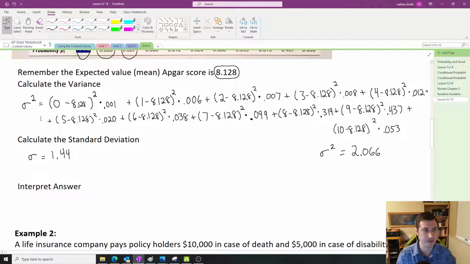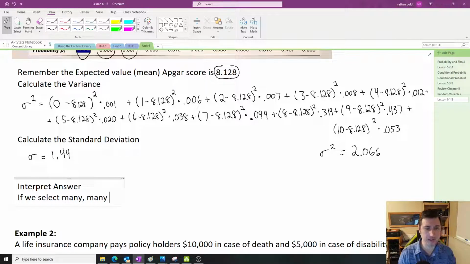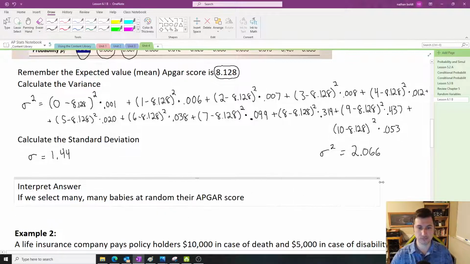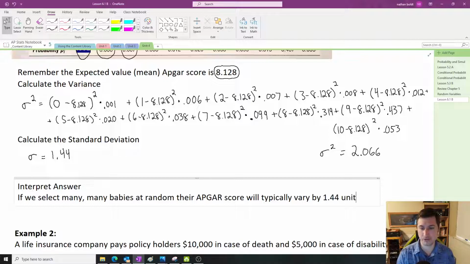So again, what the heck does that number now mean? All right, if we select many babies at random, their APGAR score will typically vary by 1.44 units away from the mean of 8.128.